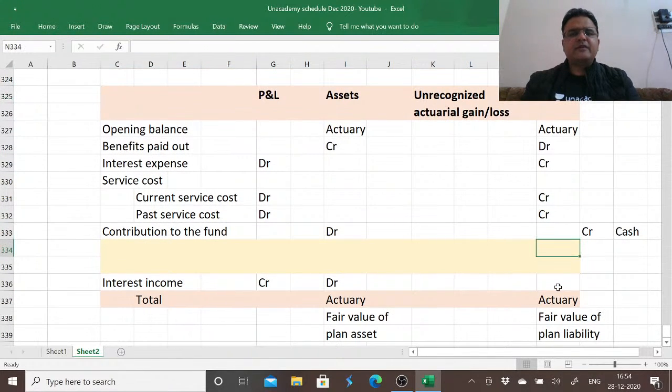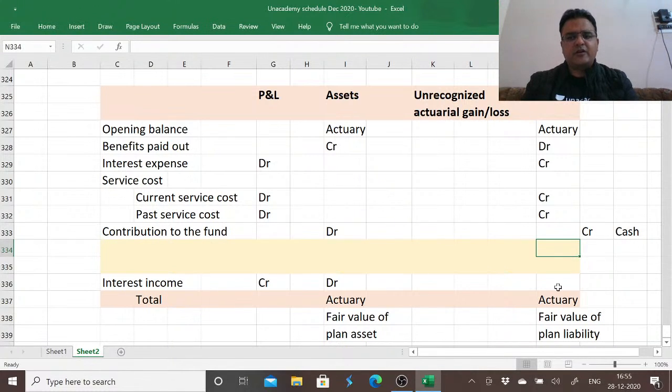So this will result in some gain or loss. If the asset increases by the end of the year, that means there is a gain to us. If the asset decreases from what we calculated, then there is a loss. If the liability increases as calculated by the actuary, then there is a loss to us.